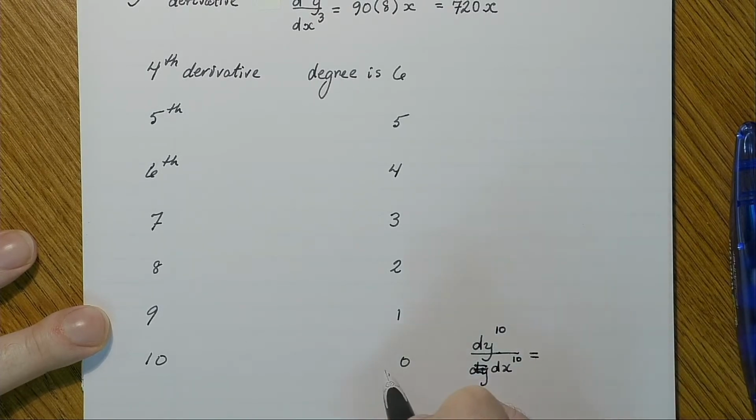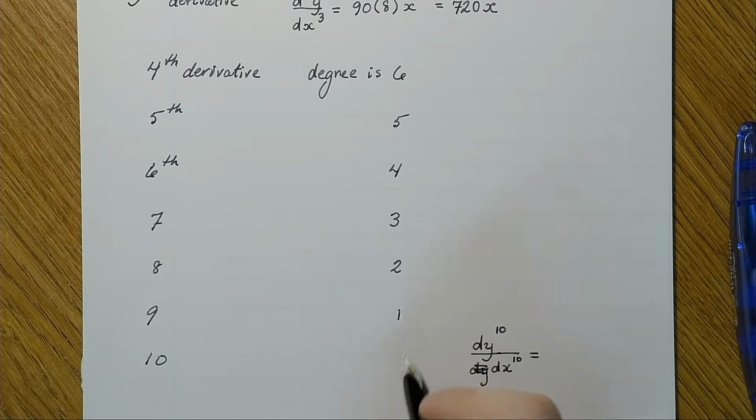is going to be x to the 0 here, which means that we're just left with the constant.